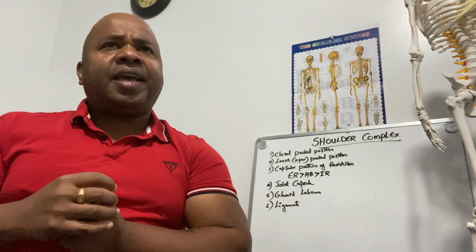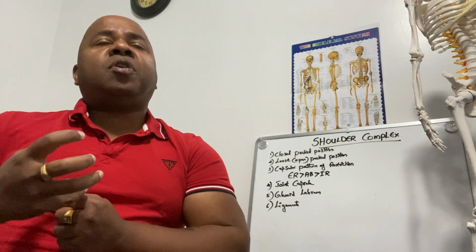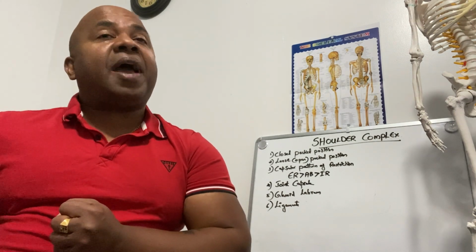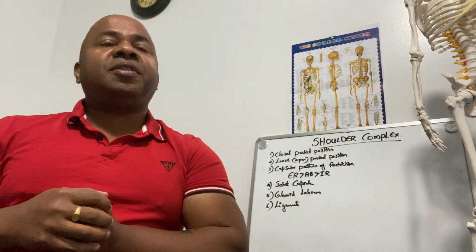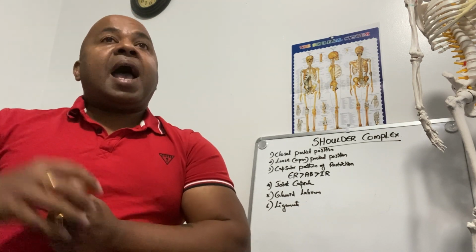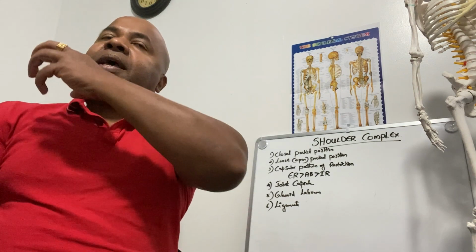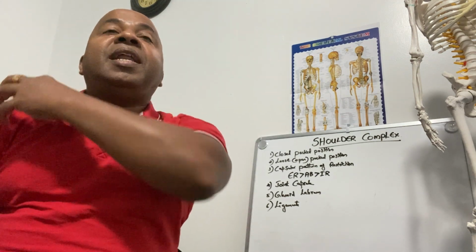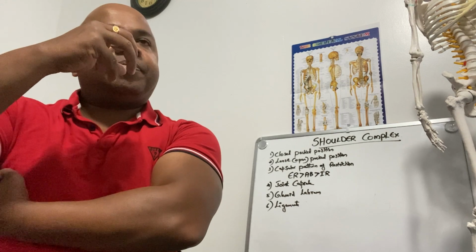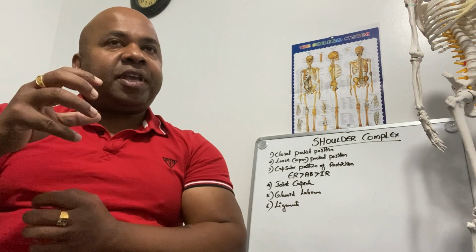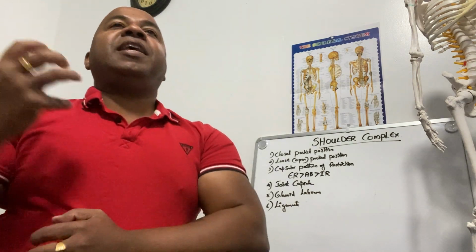That's the reason why the shoulder range of motion is maximum compared to other joints in the human body. And this shoulder joint capsule is thickened superiorly and inferiorly.